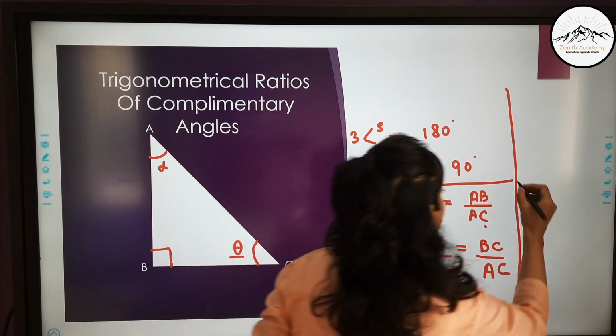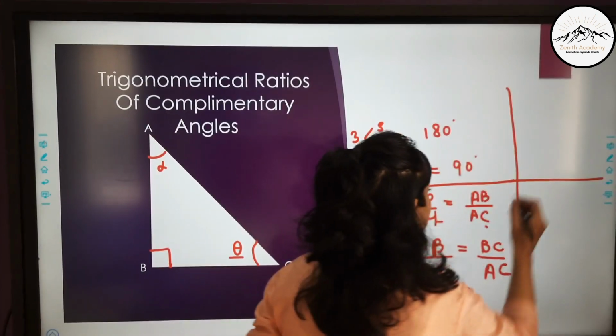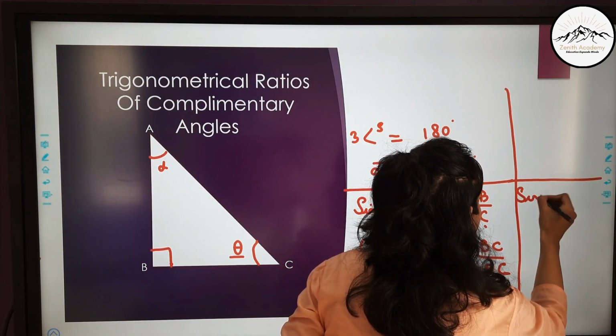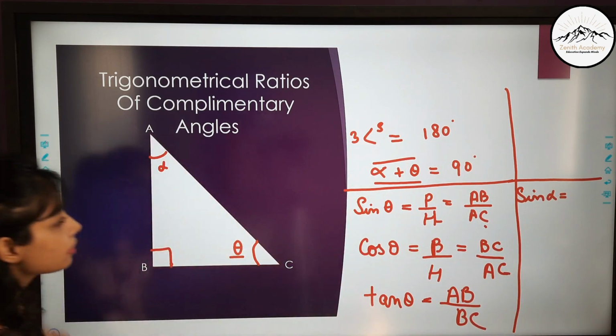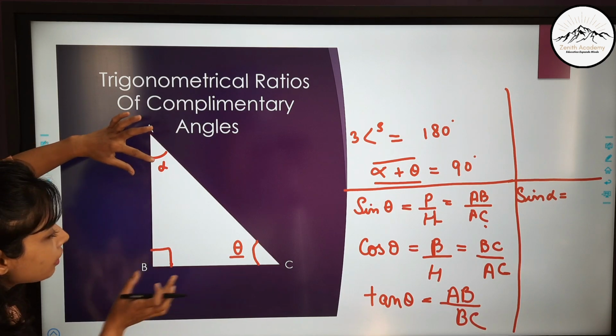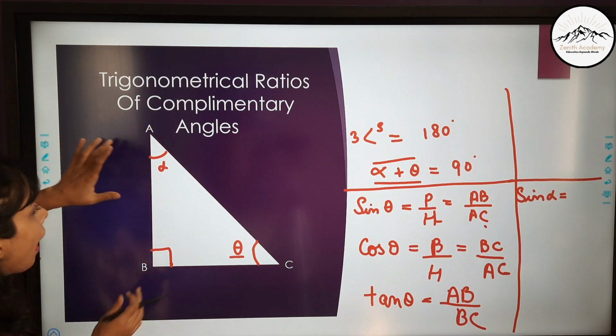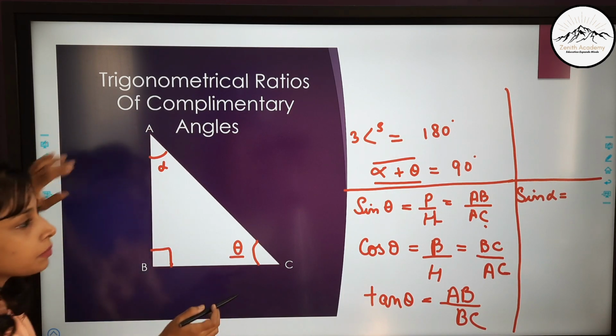So, in the same way, what will it be for alpha? Sine alpha is perpendicular upon hypotenuse, and with reference to alpha, what is the perpendicular? BC, and the hypotenuse is the same, AC.